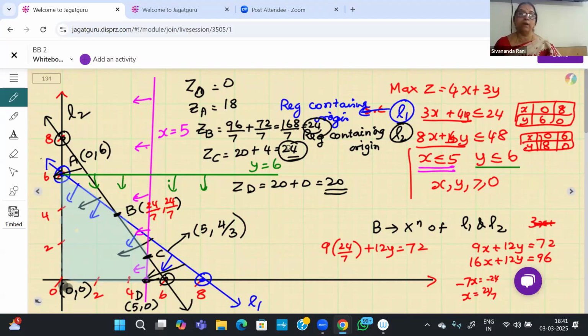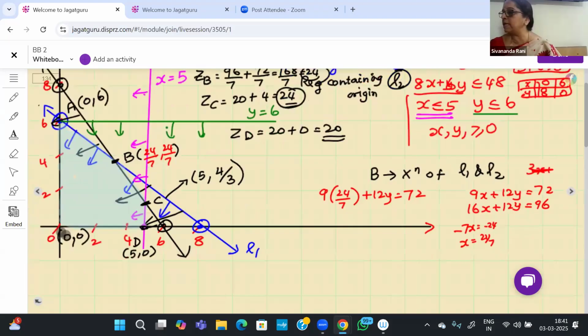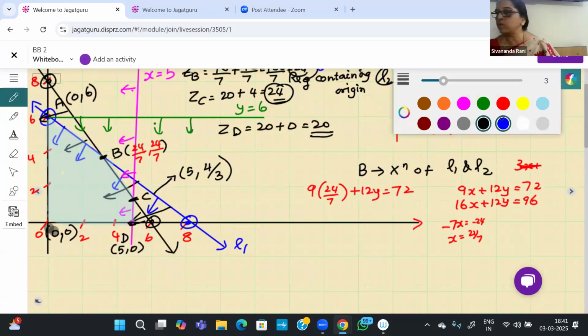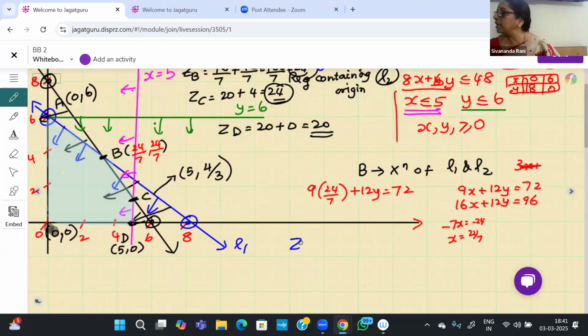Okay, what do you conclude afterwards? After getting all these, it is optimized at B and C, right? Therefore, in segment BC, the maximum point is reached. Very good. Z is maximized at infinitely many points. That's what you should write. So what should you write? Z at B is 24. Z at C is 24. These are maximum values.